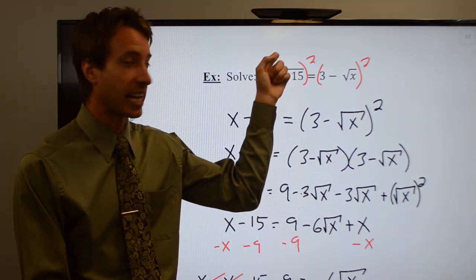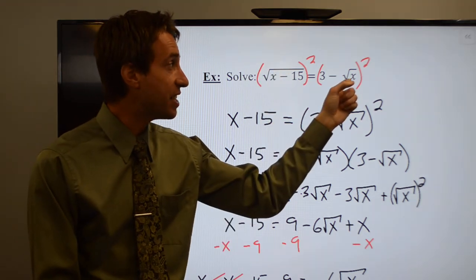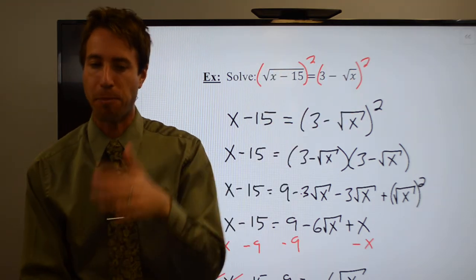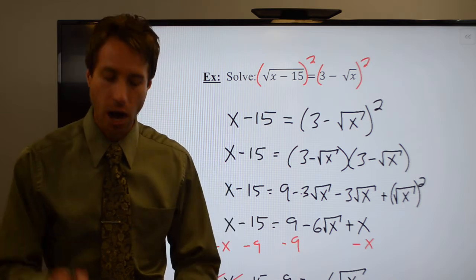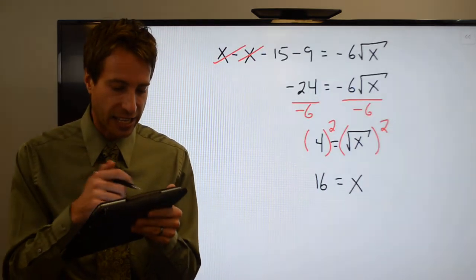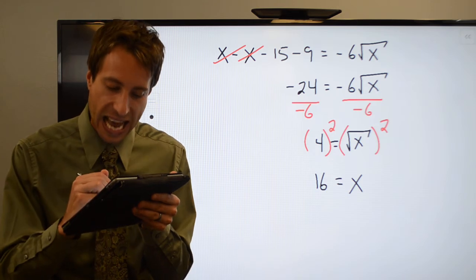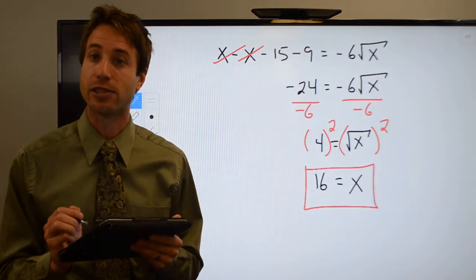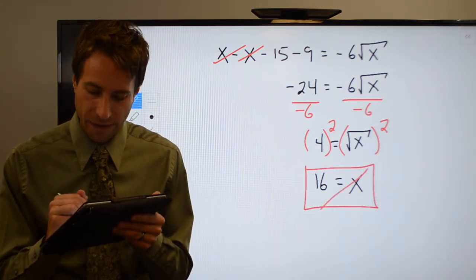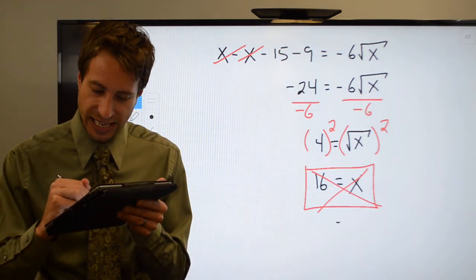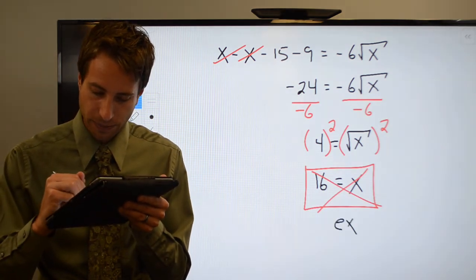Careful, on this side I got a positive 1. On this side I get a negative 1. A positive 1 does not equal a negative 1. And so what we have found is, yes, I get an answer of x equals 16. However, it doesn't work. It's an extraneous solution.